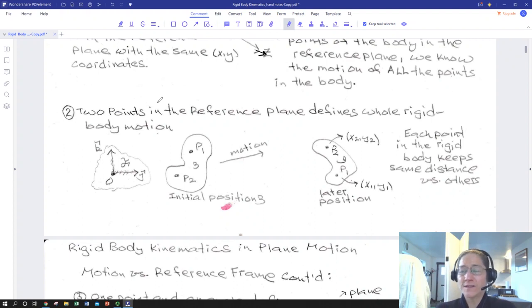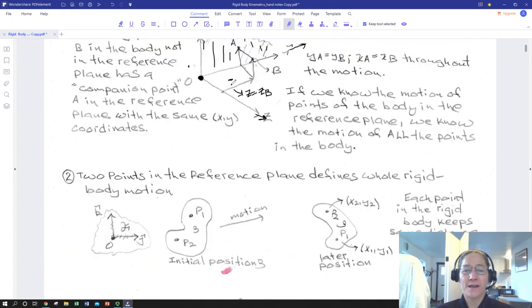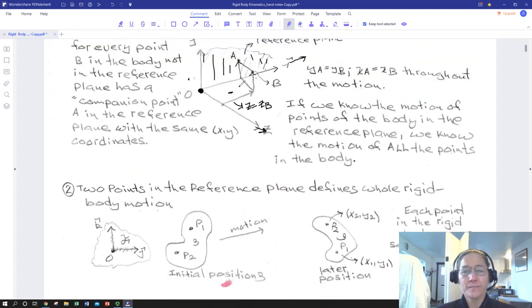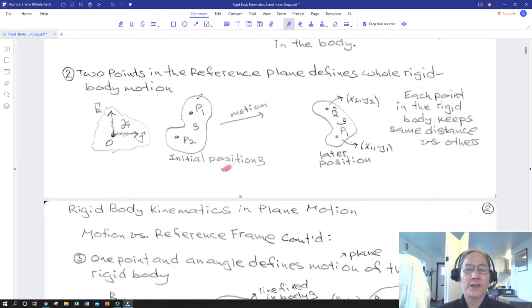So all of the Z coordinates up here, point B is going to always retain Z sub B throughout the motion, just like A retains a Z coordinate of 0. So that's one way of thinking about planar motion: a reference frame and then these companion points to it that move on the reference plane and represent anything off of it.